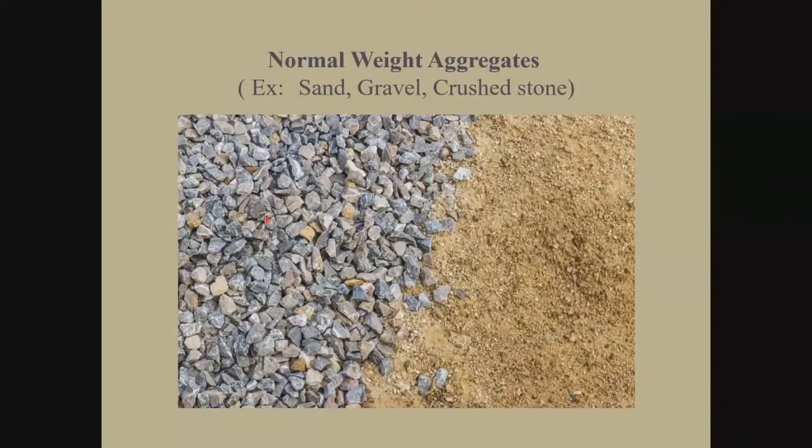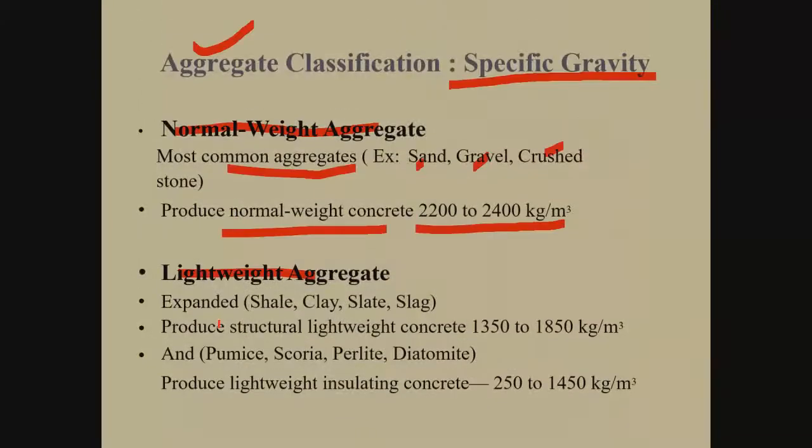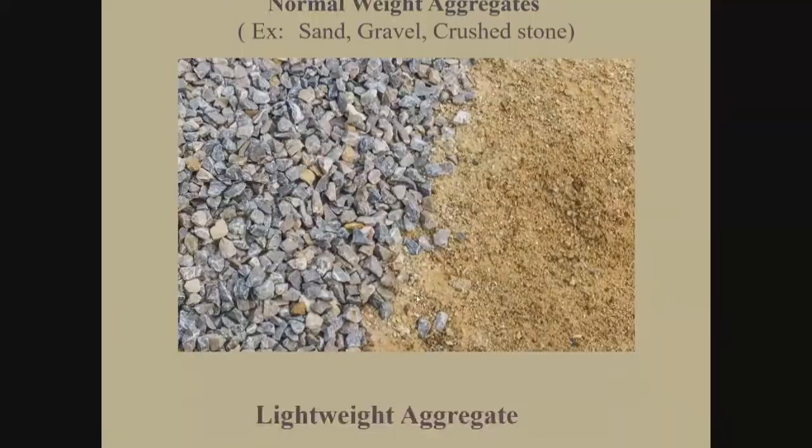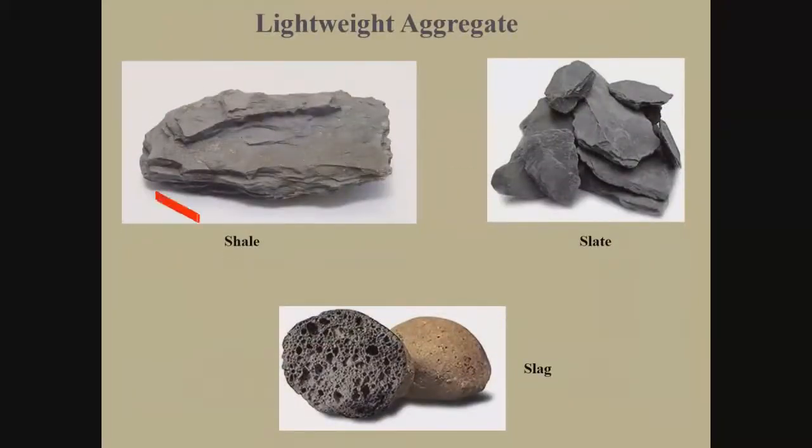These are the pictures of crushed stone, and these are the pictures of sand. Lightweight aggregates are shale, clay, slate, and slag. You can see in the pictures, this is a shale aggregate, this is a slate aggregate, and this is a slag aggregate made from melted magma.